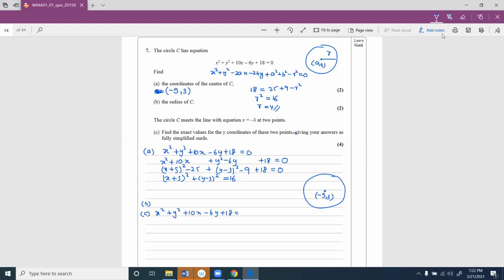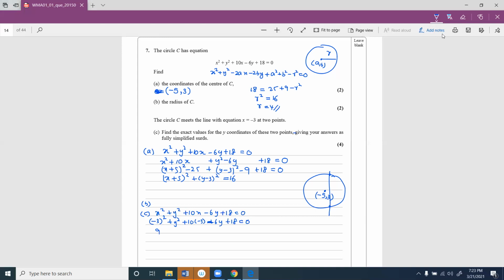They mention it meets x equals minus 3, like this kind of graph. Both of the points have x equals minus 3. Therefore, I can put minus 3 in: minus 3 squared plus y squared plus 10 times minus 3 minus 6y plus 18 equals 0.